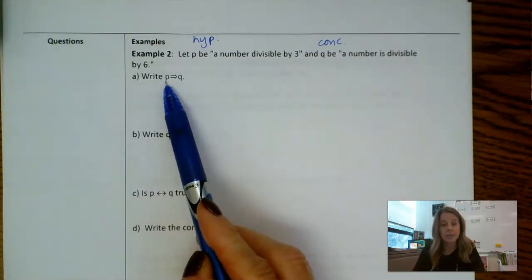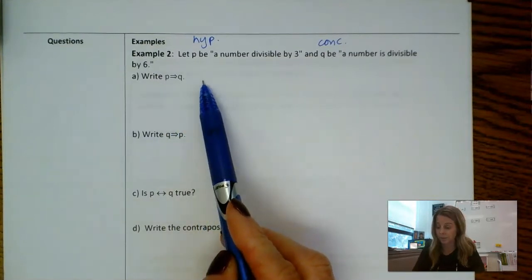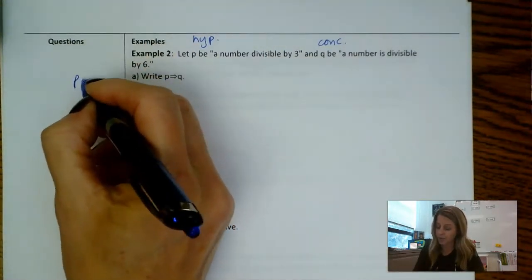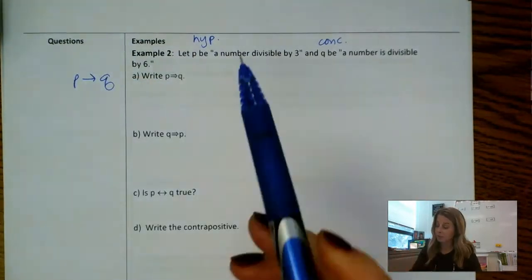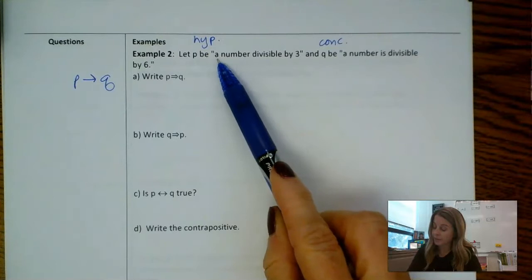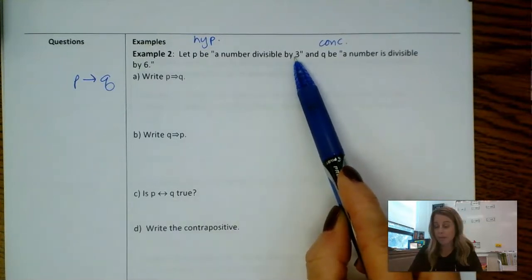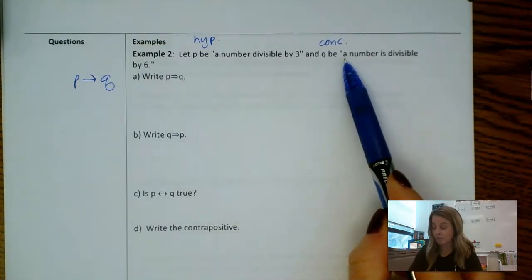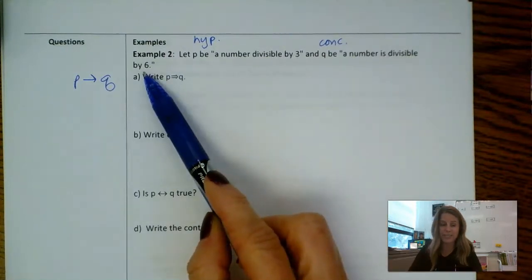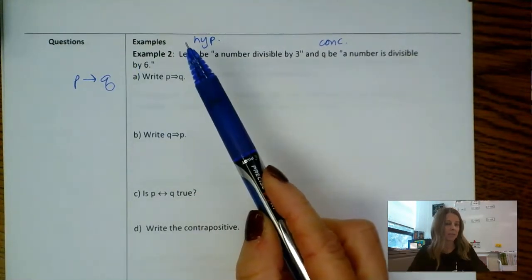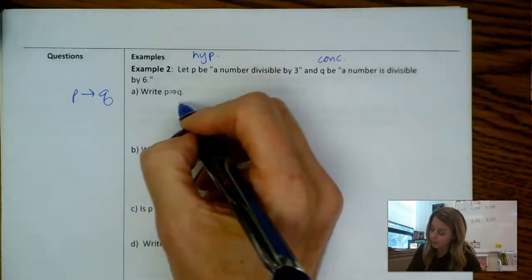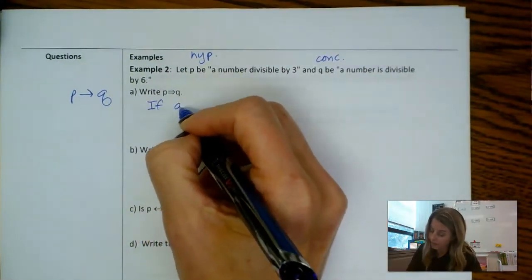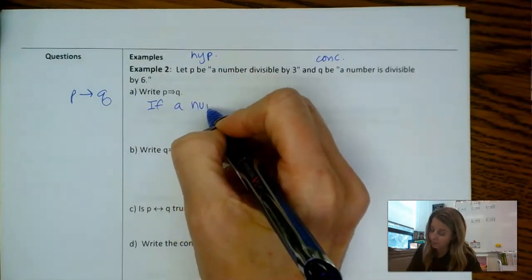And so this is the notation: if P then Q. I think yesterday I wrote it with one arrow. But if P then Q. So I'm going to write, if a number is divisible by 3, then it is divisible by 6. I probably don't need to repeat the word number twice.